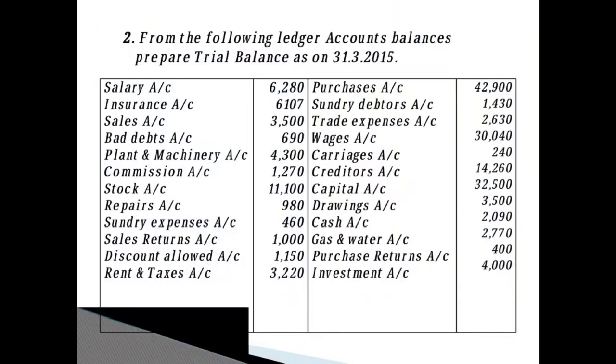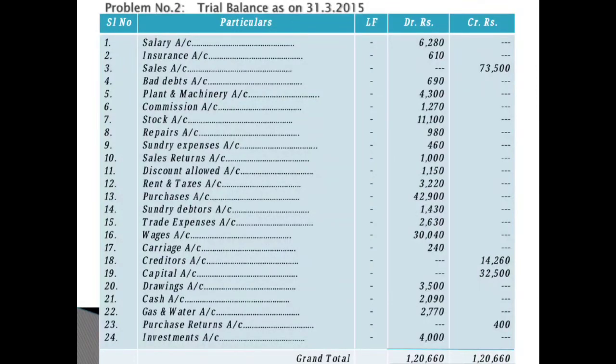Then next you have sales returns account, rupees 1,000. As I said, sales returns is a loss for you, so it shows debit balance. See here, 10th one, sales returns account, showing debit balance, rupees 1,000.